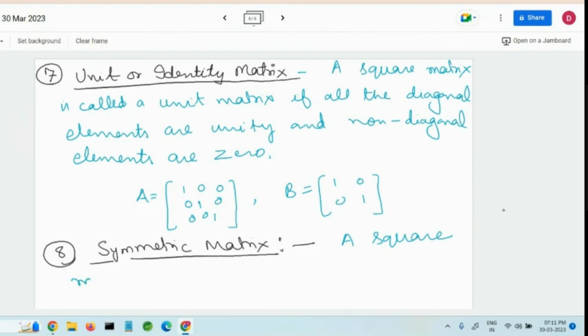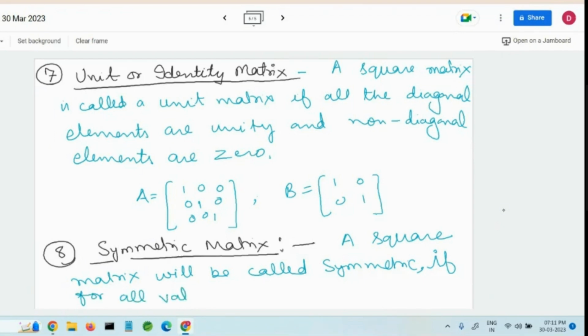A square matrix will be called symmetric if for all values of i and j, Aij is equal to Aji.